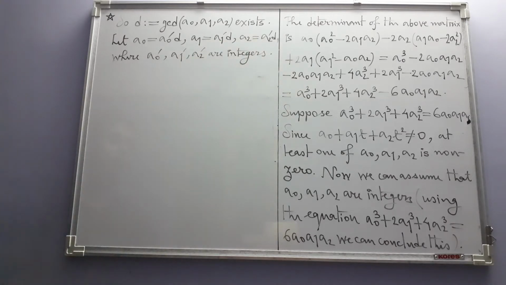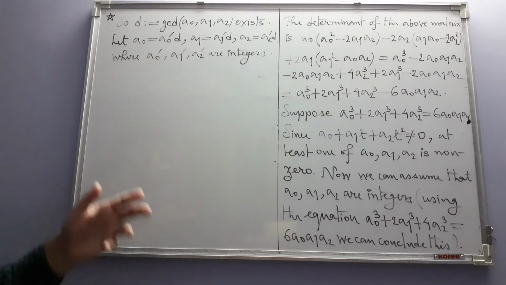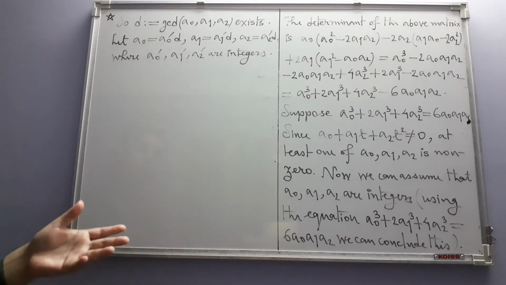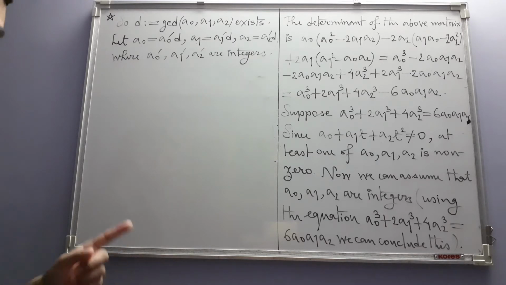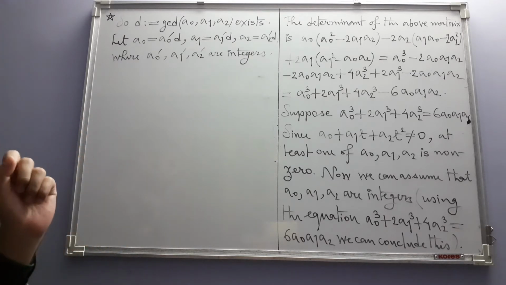We also know that these are not just integers, but they don't have any common divisor among them other than 1, no positive common divisor.